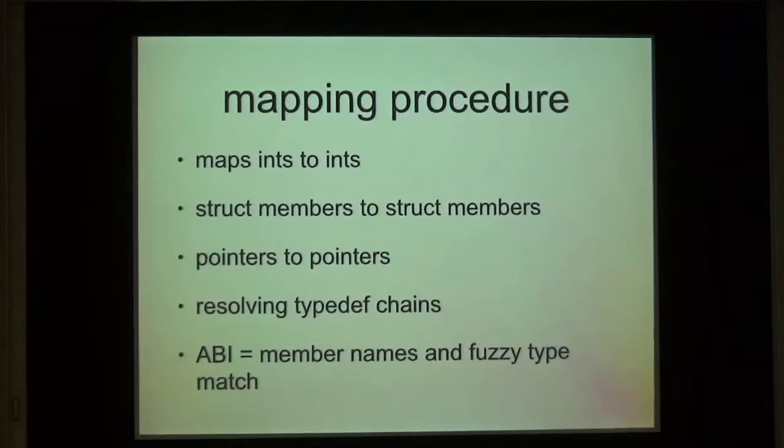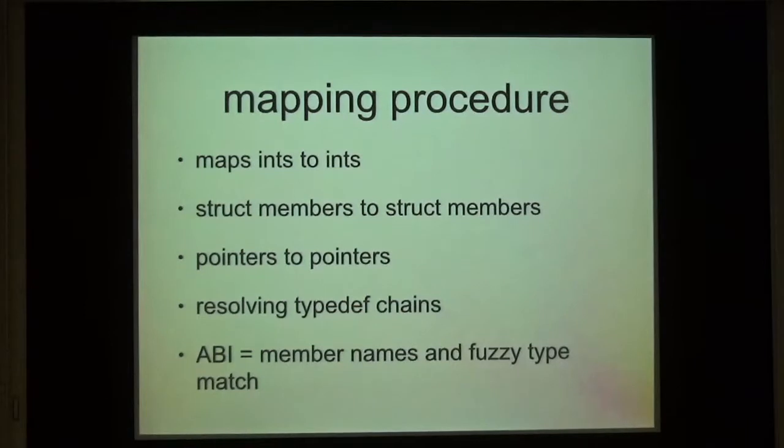In general, what I do is take a member and try to find its equivalent in the other CTF description, and if it's there, I do the copying of the data. That's the mapping procedure. It also solves the typedef chains. The kernel uses a lot of typedefs, and what I really need to do is resolve all those typedefs until I get the real type, and then I do the mapping between my query structure and the actual type.